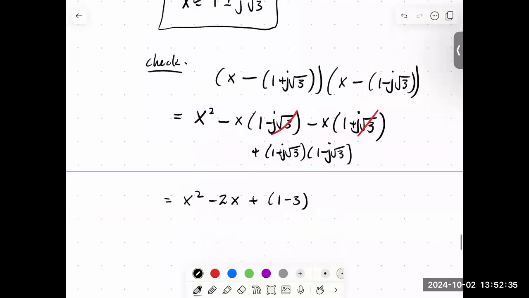So let me write this as minus 3 times j squared. That's what I left out. And then of course minus 3j squared is plus 3. And so we get x squared minus 2x plus 4, which is the original equation.